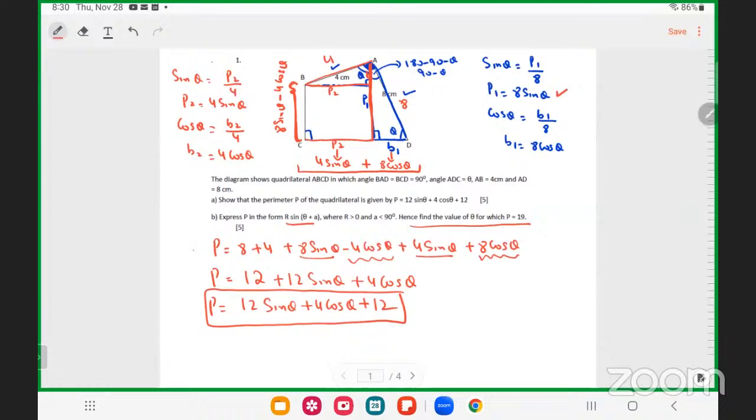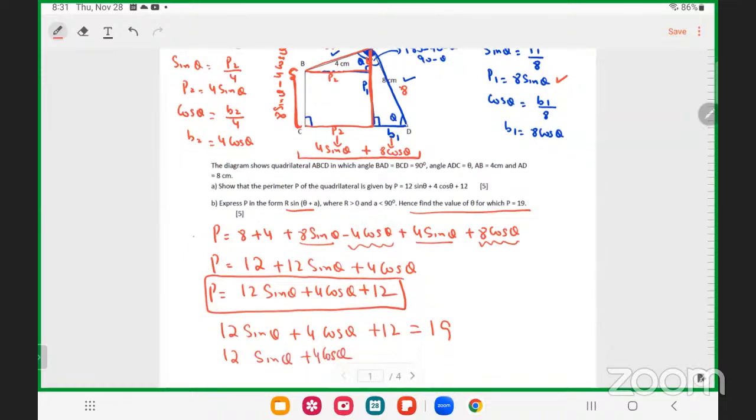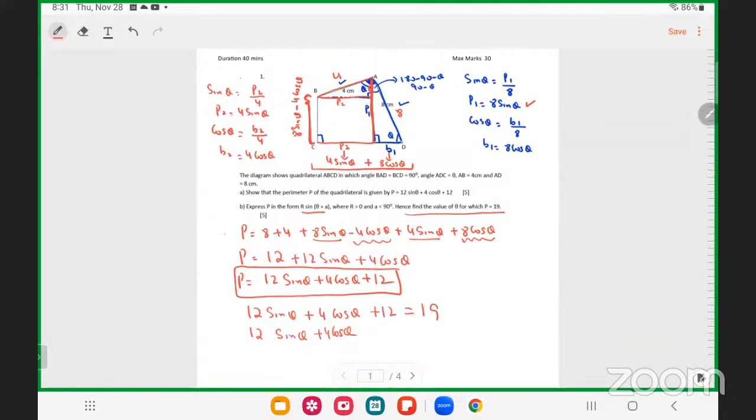So if perimeter is 19, it means that 12 sine theta plus 4 cos theta plus 12 is 19. 12 sine theta plus 4 cos theta is 19 minus 12. 12 sine theta plus 4 cos theta is 7.